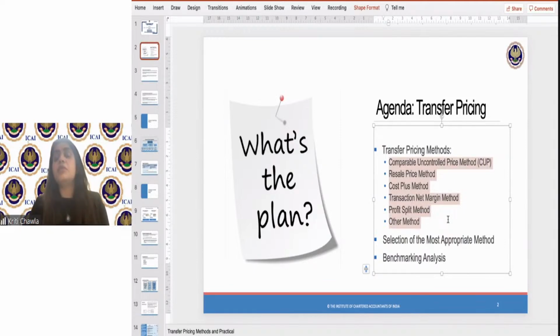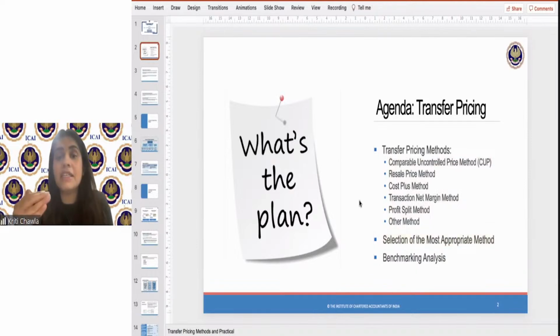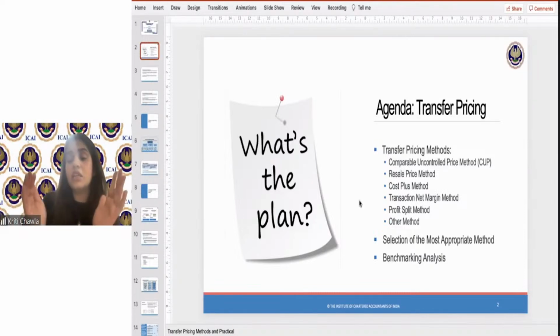And then we will be talking about how, out of these methods, you know in which situation which method will actually come into play. That is selection of the most appropriate method. And then finally, I'm going to talk about something called benchmarking analysis. I will convert these methods and tell you how they are used practically.